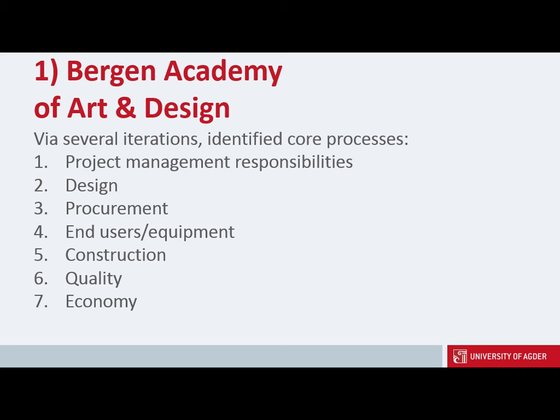When it comes to this case, which has inspired us, they have divided the core processes. This is a quite complex project. They divided the core processes into seven: product management responsibilities, design, procurement, end users equipment, construction, quality, and economy.